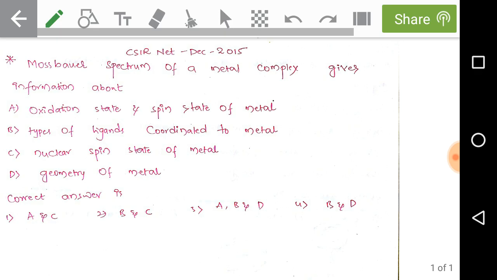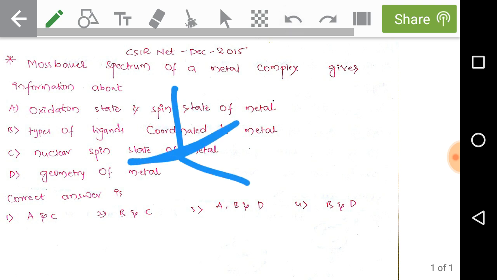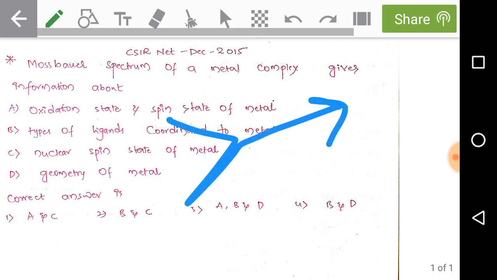For example, if the given octahedral complex of iron is perfectly octahedral in structure, and at the same time it has equally distributed, chemically equivalent electron distribution in its d orbitals, that means in T2g and Eg levels, then it gives only one signal due to the absence of quadrupole splitting.